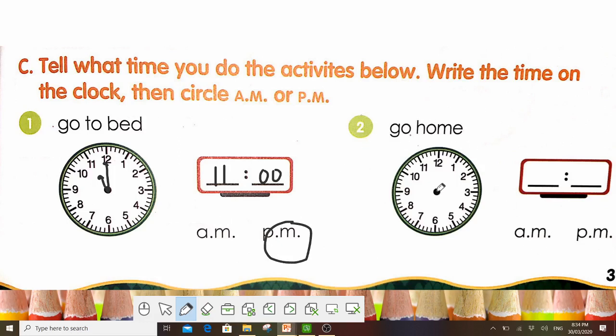Finish the school. Half past 2. So in the digital form, 2 and 30 minutes. a.m.? No, we are sleeping at this time. p.m. Good job.